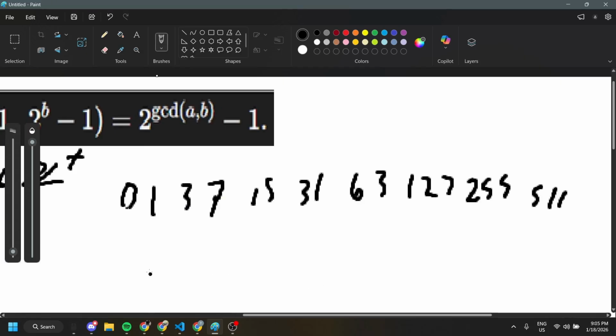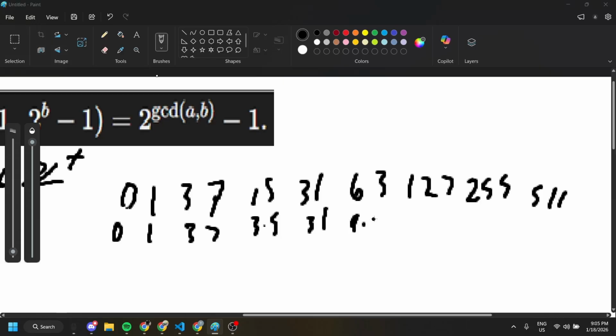So just the factors of these, if we write it out: 0, 1, 3, 7, this is 3 times 5, this is just 31, this is 9 times 7, so 3 squared times 7.